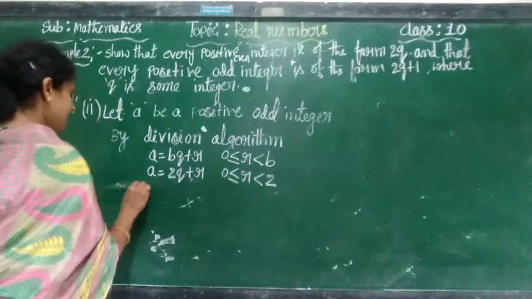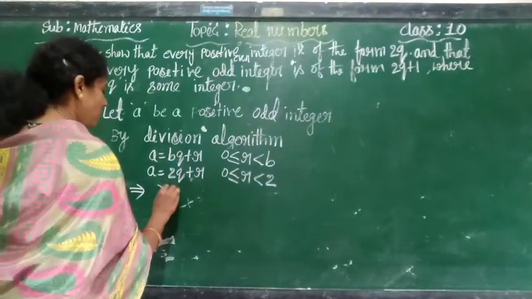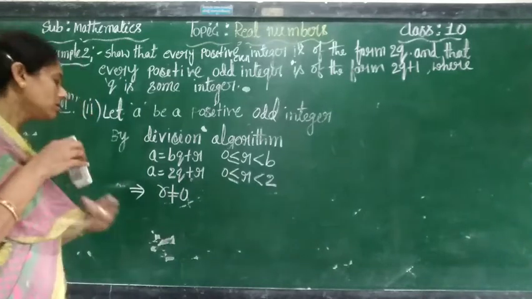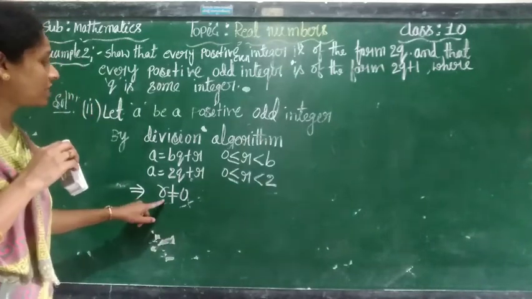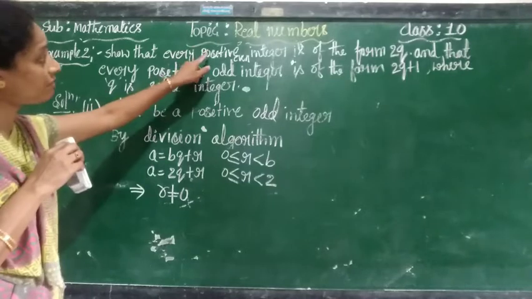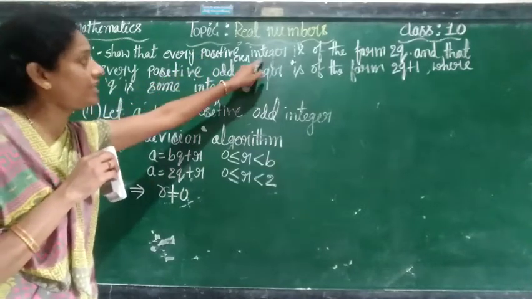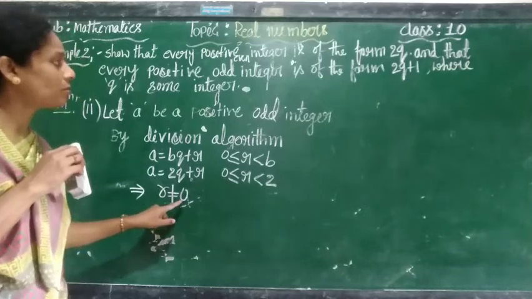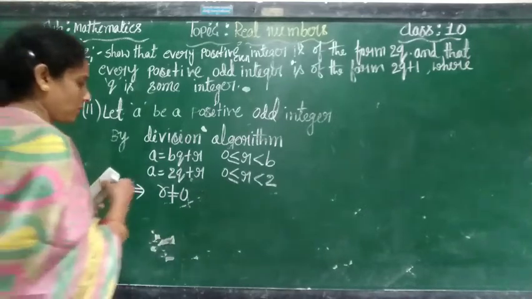So this implies that r is not equal to 0, because if r is equal to 0, it must be a positive even integer. So r is not equal to 0, because r is equal to 1.